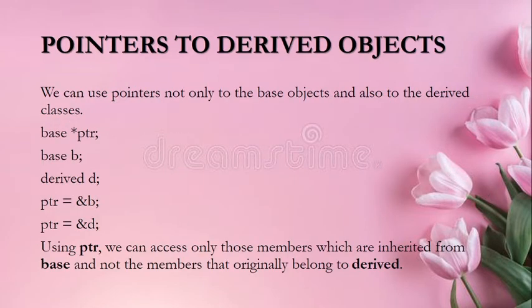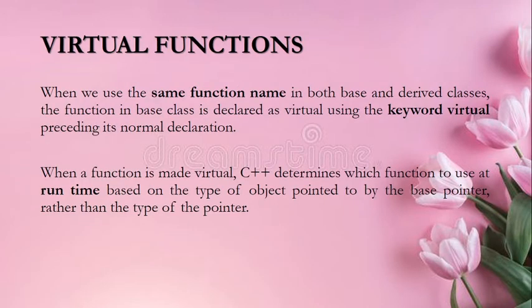So here what I said is I create a pointer for the base class. I pass the address of both base and derived class, and I told you that I am able to access only the base class's details and not the derived class's details. So we are going to find a solution for how to access a derived class's member functions or member variables also. That's one thing. And here I give a solution.